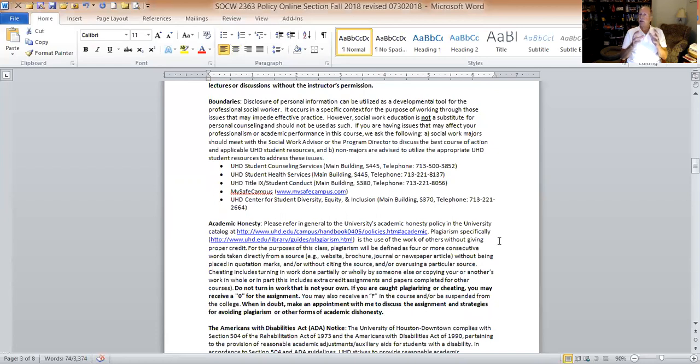But if there are some issues you may be struggling with that have been triggered by the course or even by other stuff, then there's a list here of various resources that are available to you as a student. There's the Counseling Center, the Student Health Center. There's Title IX resources available as well that's aimed at discrimination and bullying. There's also centers and supports for inclusion and diversity. So note there are resources here to assist you if you're starting to struggle in any way.